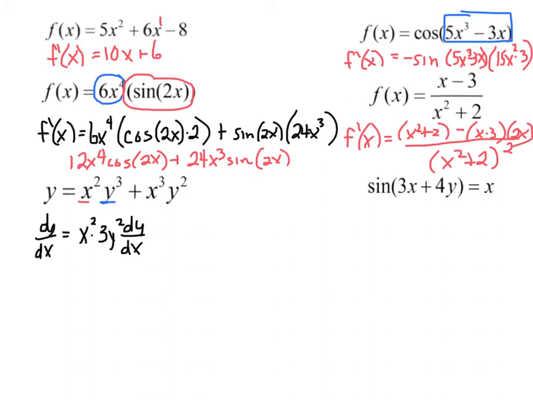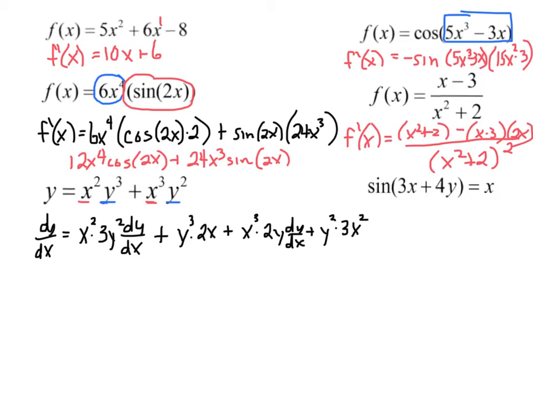The derivative of y cubed is 3y squared multiplied by the derivative of y, which is dy dx, plus the second times the derivative of the first. Okay, and we do it again with this next function. You'll see we've got a product again. So first times derivative of the second plus second times derivative of the first.